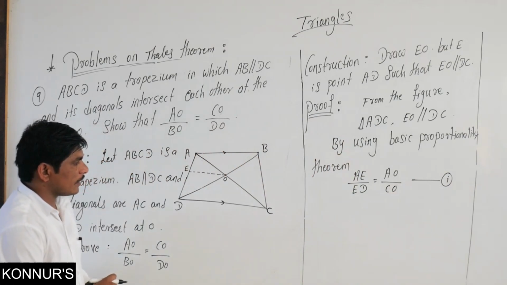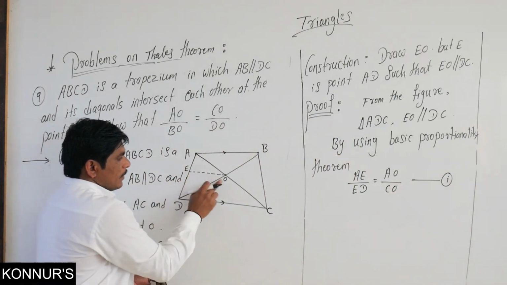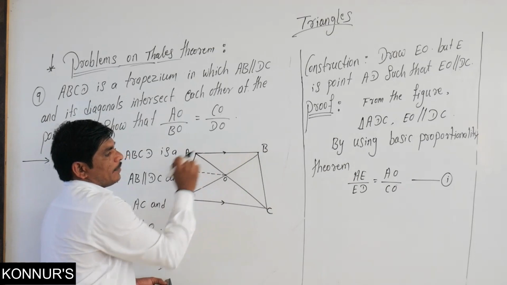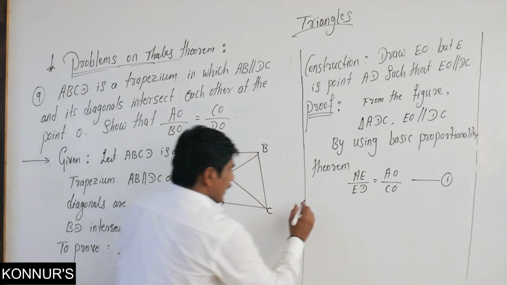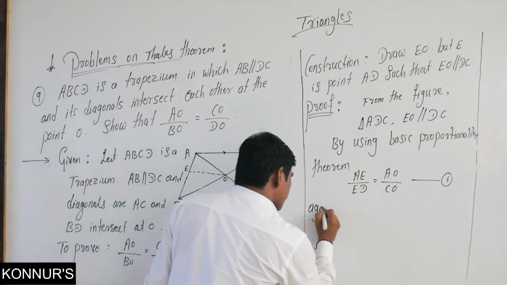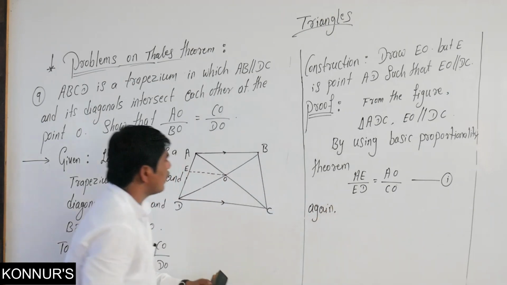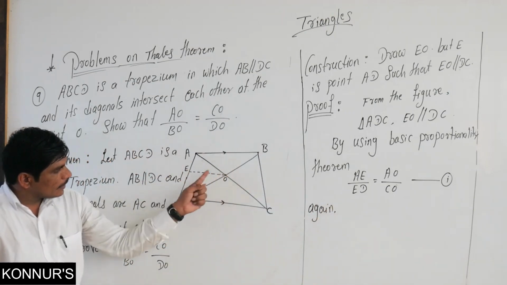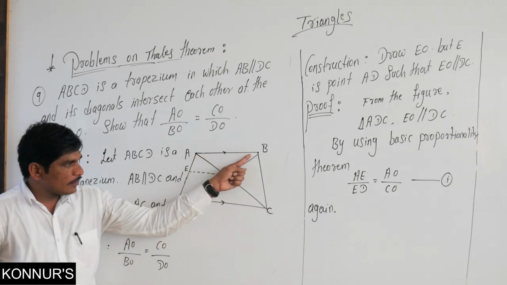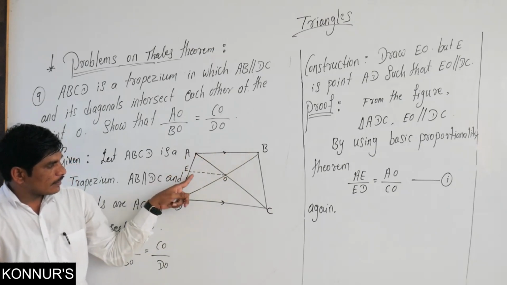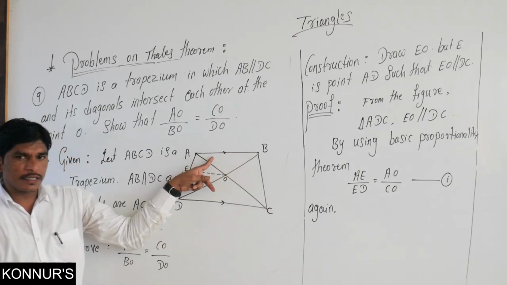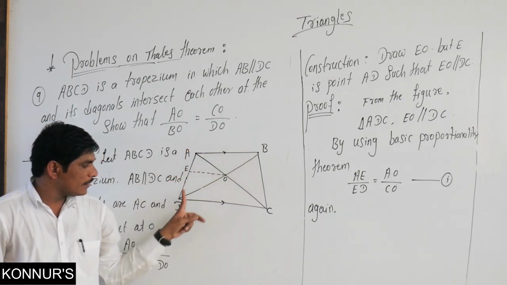And again, similarly, EO is also parallel to AB. Again, in this figure, EO is parallel to AB. Here, this result is related to triangle ABD.